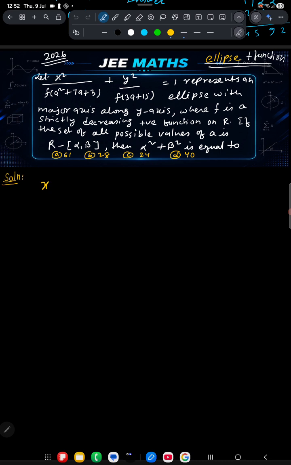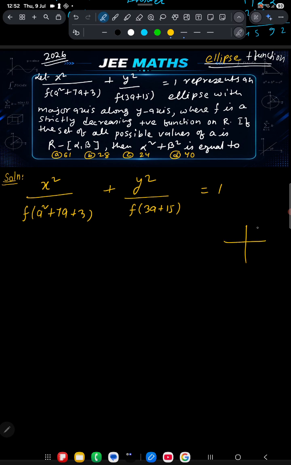Our equation of the ellipse is x square upon f of a square plus 7a plus 3 plus y square upon f of 3a plus 15 equal to 1. Now it is on the major axis, on the y-axis, so ellipse will be of this kind.